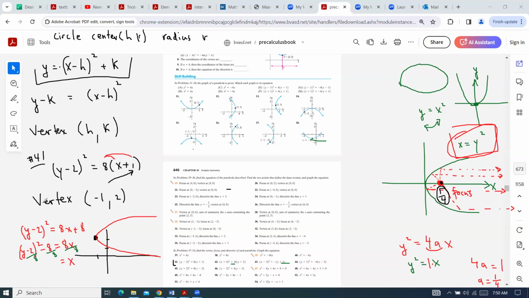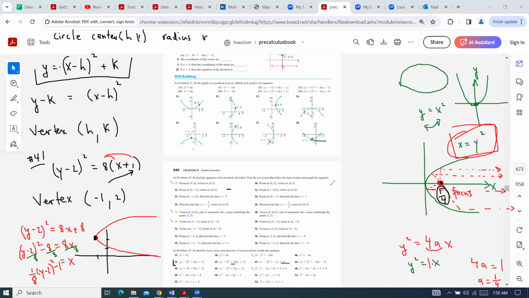And this will bring us to 1/8 multiplied by y minus 2 squared, minus 1.